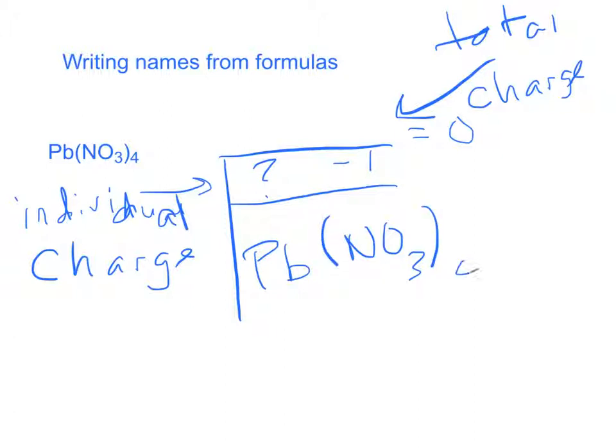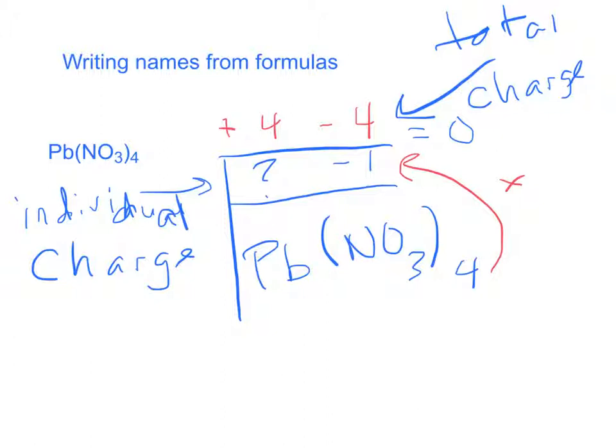And because the formula tells me there are 4 of them, I multiply the 4 times the individual charge, which is going to give me a total of -4. Now, in order to make a total of 0, I need a positive charge that's going to offset that -4. So this has to be a +4. Sorry about that. Let me neaten that up.